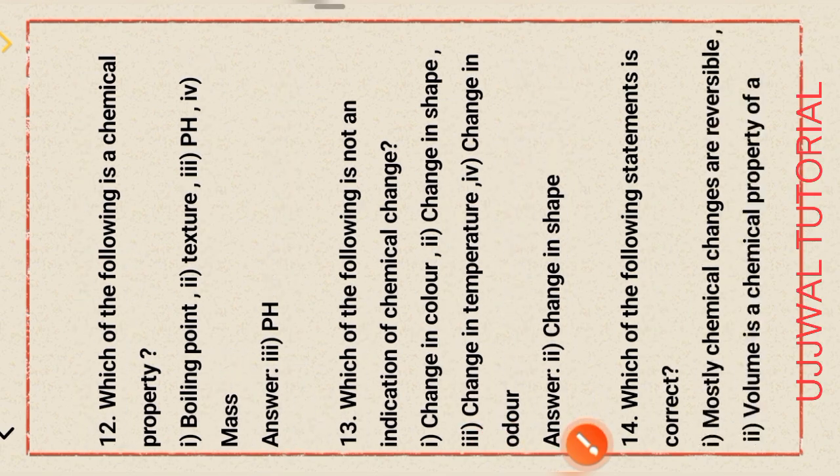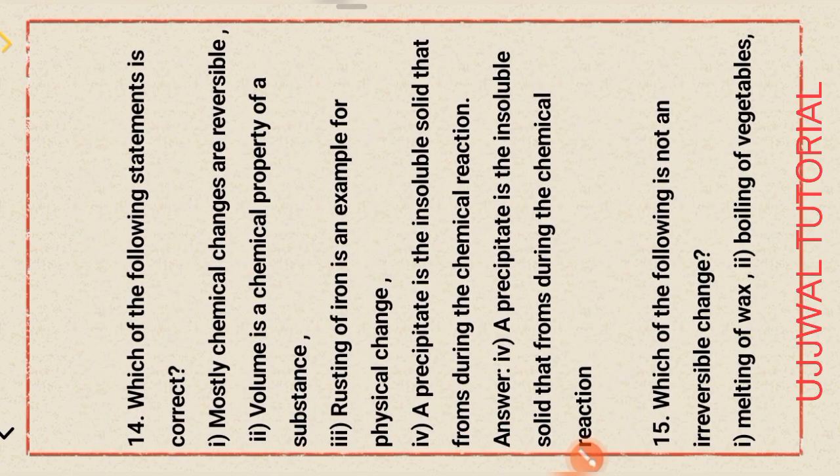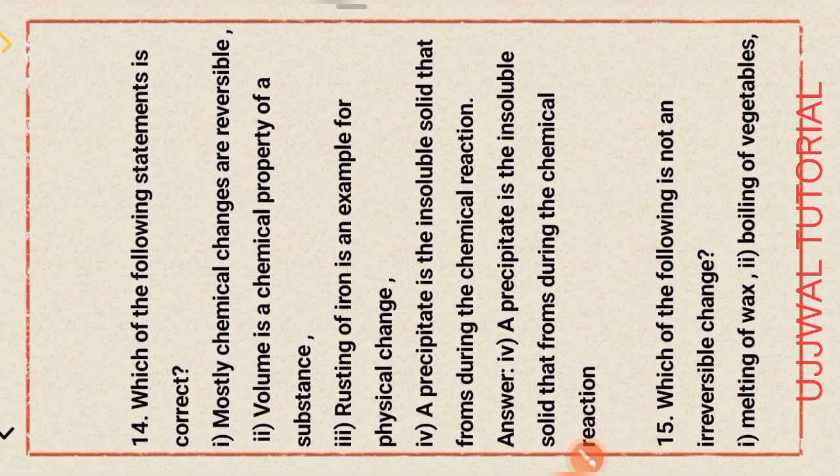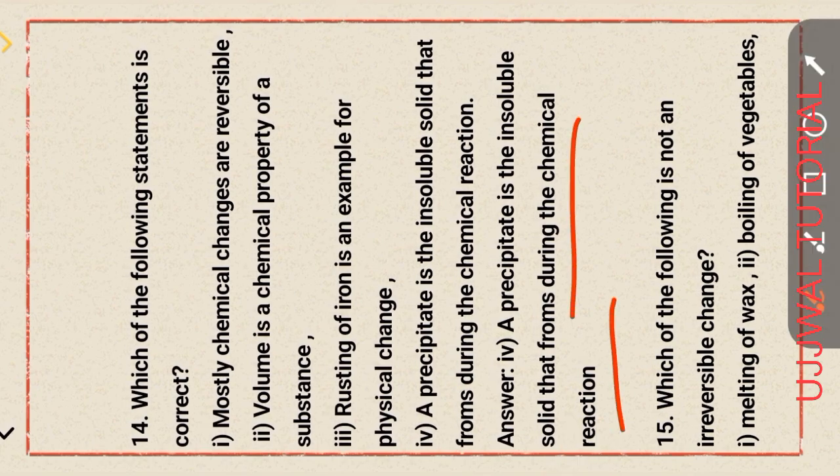Okay, question number 14. Which of the following statement is correct? That is option 4. A precipitate is the insoluble solid that forms during the chemical reaction. Okay, but option 1, 2, 3 are not correct.